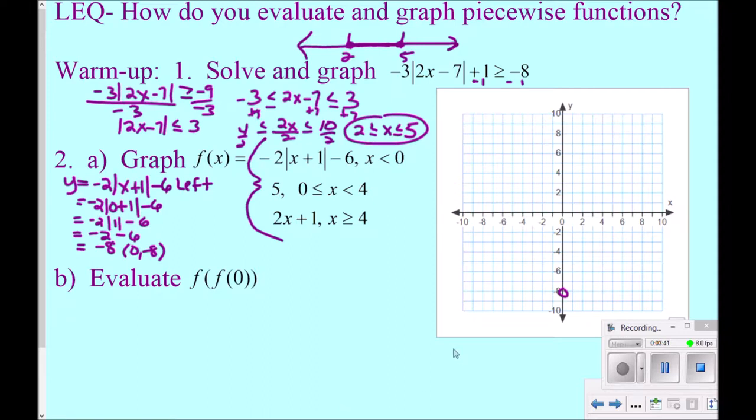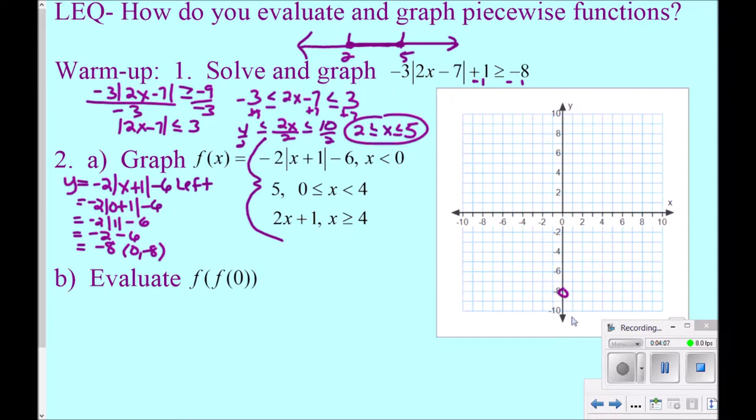So I'm going to see where the vertex would be, and I'll see if that's to the left of the point I already have. So looking at the equation, I know that adding 1 is a left 1 shift, and minus 6 is a down shift. So from 0, 0, if I go left 1 and down 6, that takes me to -1, -6. Is -1, -6 to the left of the point I already have plotted?